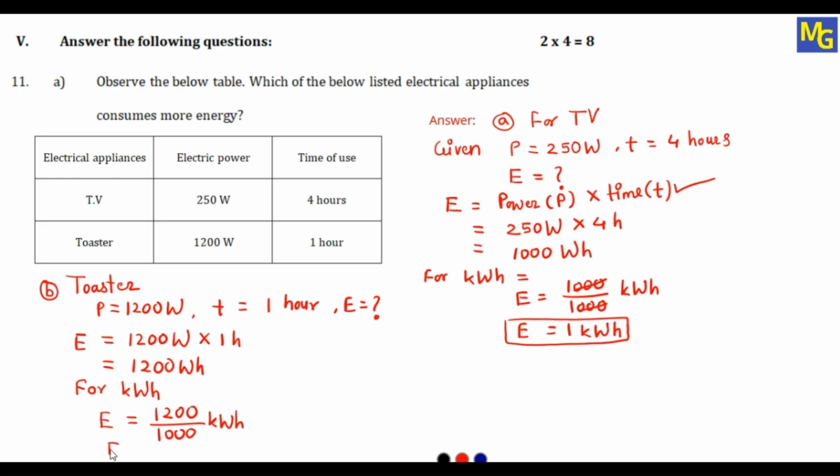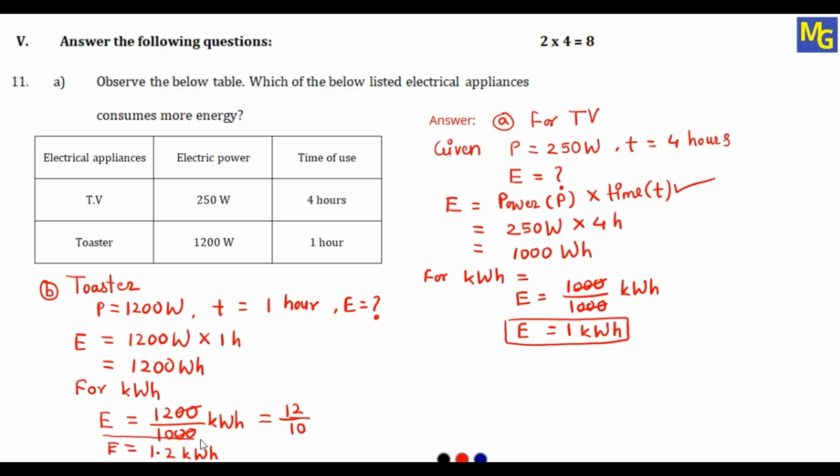The answer is E equals, zeros cancel, it will be 12 divided by 10, and 12 divided by 10 will be 1.2 kilowatt hour.